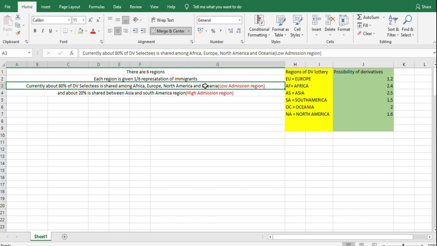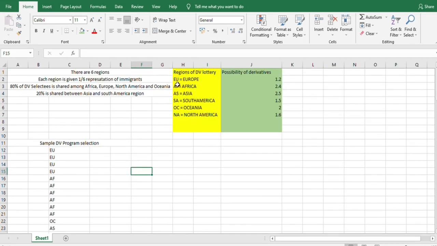And therefore, when it comes to the DV lottery program, the low admission region will be given 80% representation of the DV lottery immigrants, while the high admission region will be given only 20% representation in the DV lottery program. So they interchange. Now, having understood that brief introduction, let's come to how the case numbers are issued in every diversity visa program.